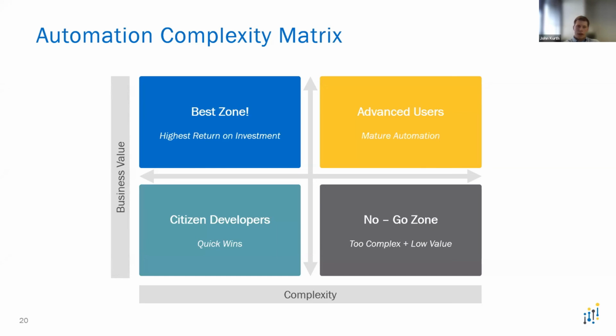So you can have specific team members building your own automations within Excel or various systems that you're logging into, et cetera. And then to Michael's point, leveraging IT or outside consultants for the upper right, advanced users, more technical in nature, and staying away from the no-go zone, as we call it, where there's just not enough value to the business to look at that automation.